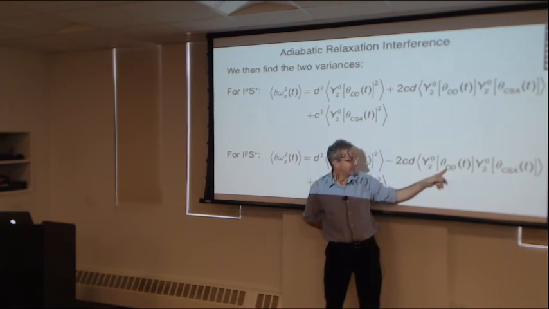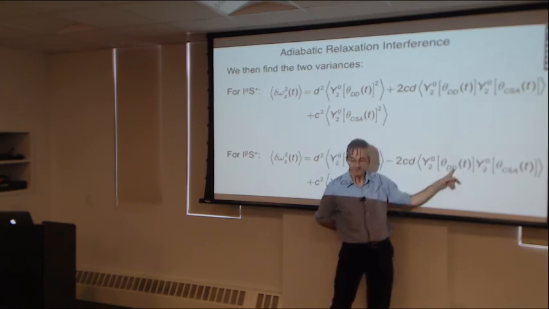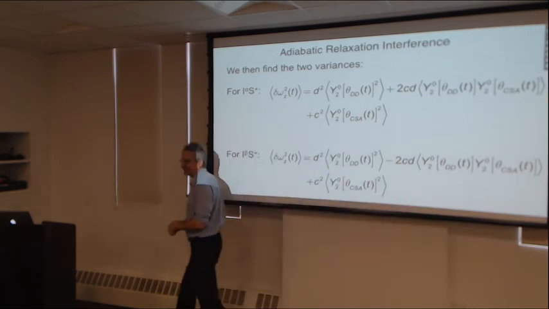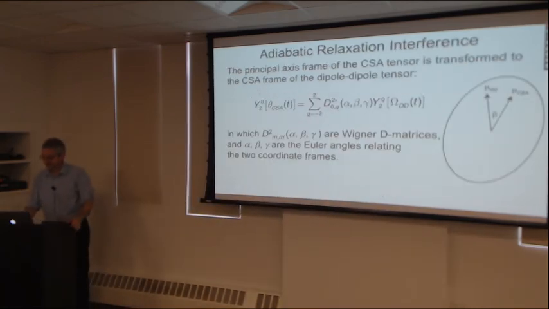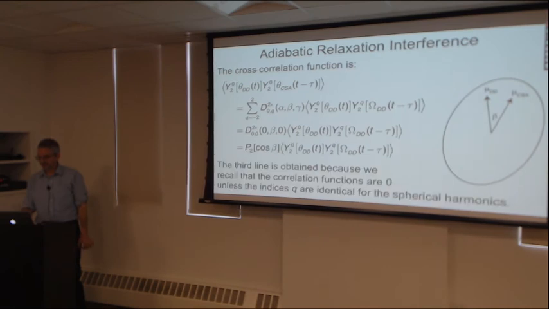But if we want to take beta into account, we know what to do. We have to transform one of these into the frame of the other using the beta rotation matrices. So that's done here, and the algebra is in the notes, so I won't go into that.